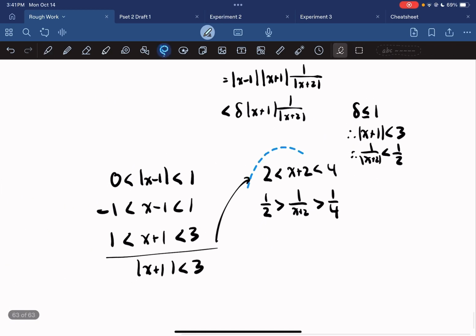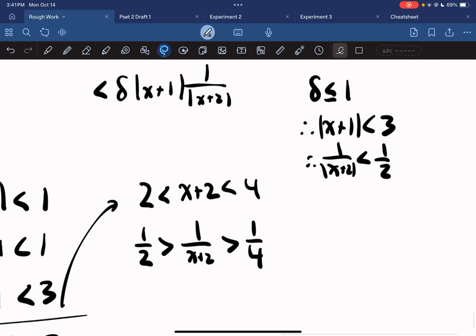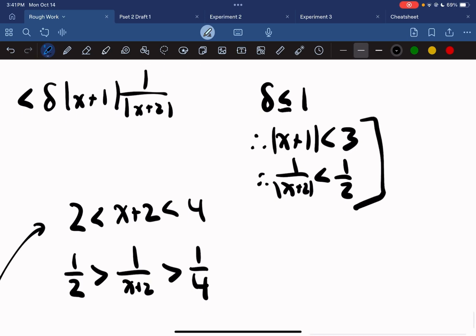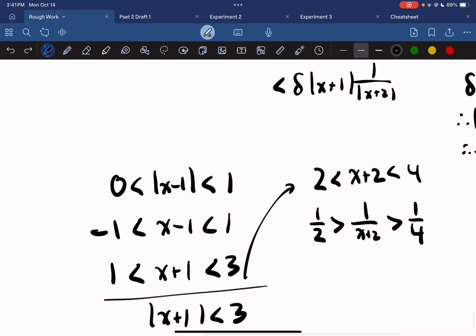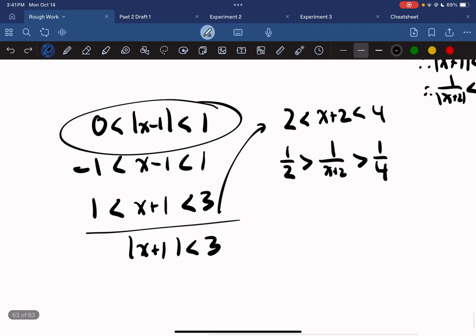This is all assuming we derived all of these by assuming that delta is less than or equal to 1. Would you agree that if delta was less than 1, then these statements would still hold true, right? Because this statement will still hold true if, let's say, x minus 1 is less than 0.5.